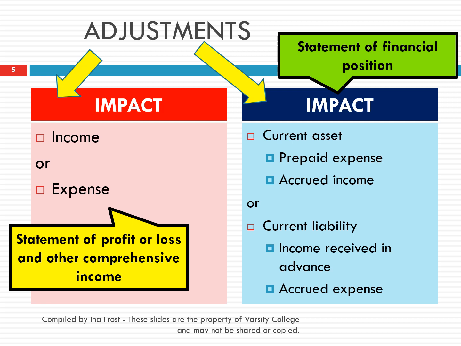On the one side, it will impact an income or expense account because we need to adjust those balances to the amounts for the current financial year, and our income and expense accounts sit in our statement of profit or loss and other comprehensive income. On the other side, these adjustments will impact a current asset or a current liability, and these will form part of our statement of financial position.